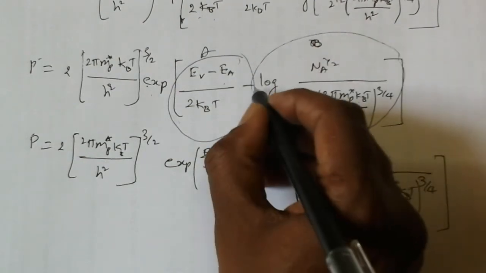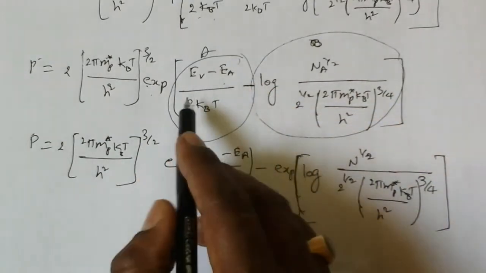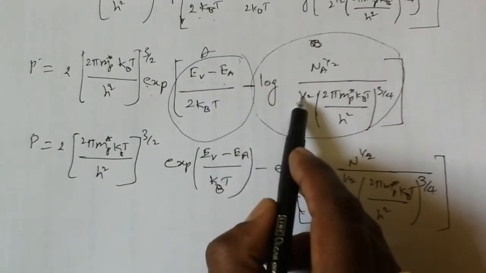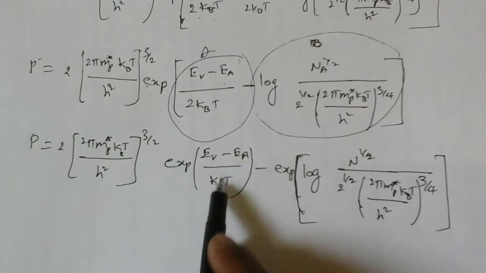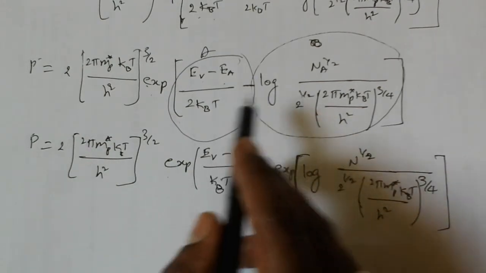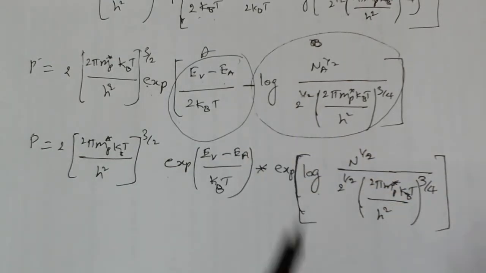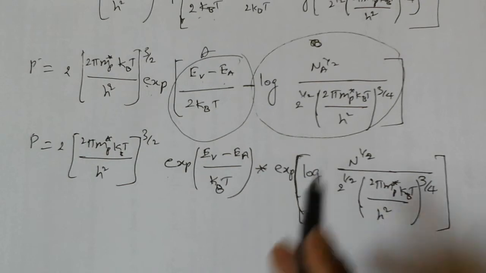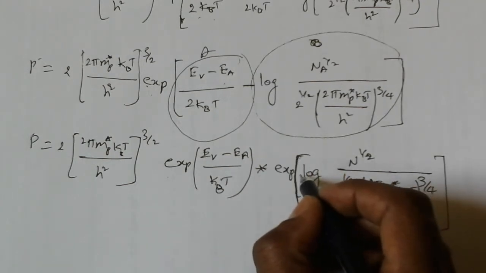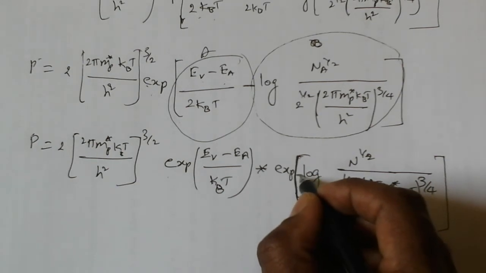So this minus exponential of a plus b, exponential of a into exponential of b, like this you get it. So this minus becomes into, minus becomes into minus log.